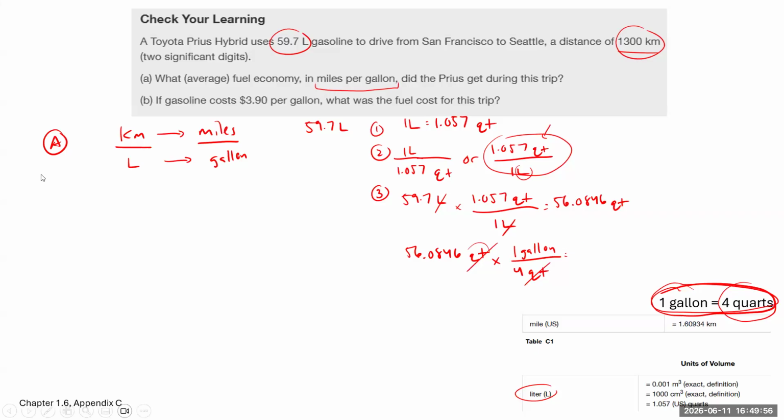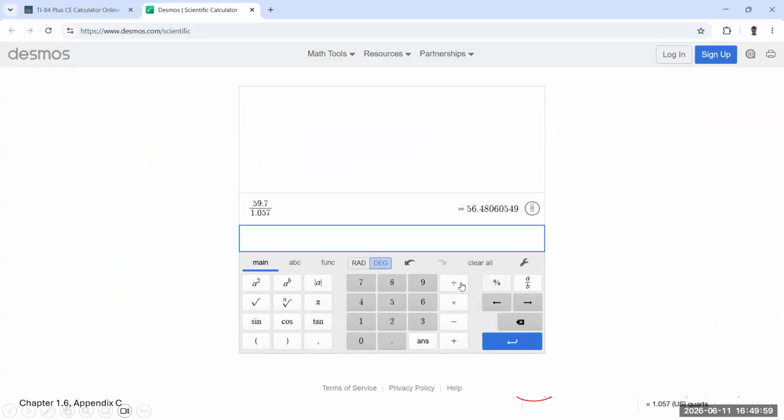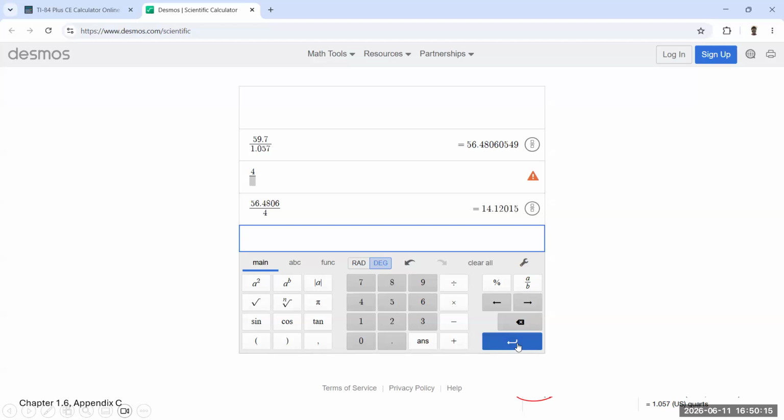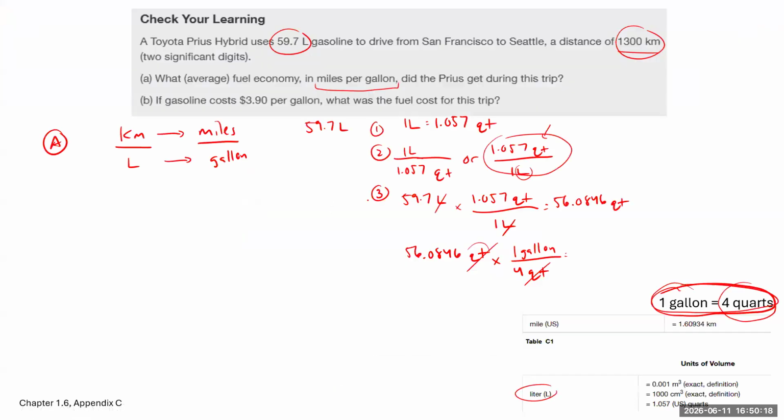Oh, we didn't do the math. So we'll say that divided by 4: 56.0846 divided by 4, and we got 14.02 gallons. But we're going to do an overline on the 1 because we need 3 significant figures.